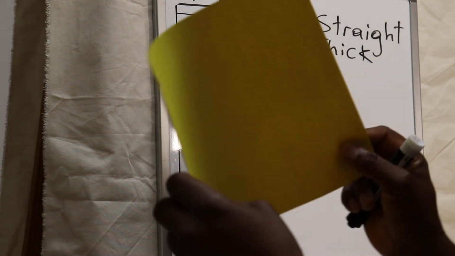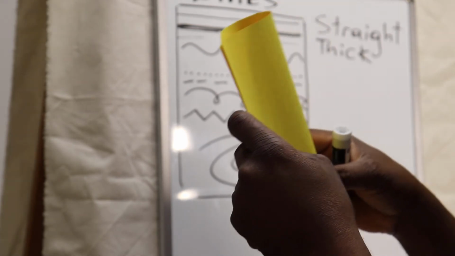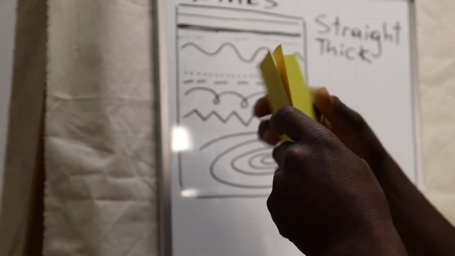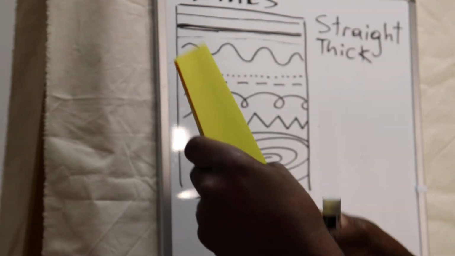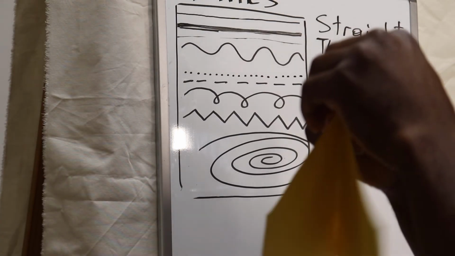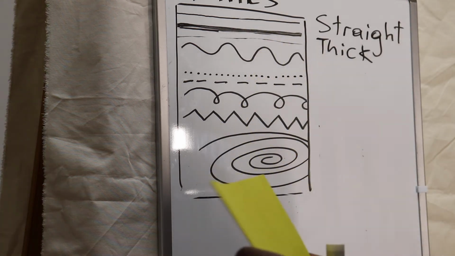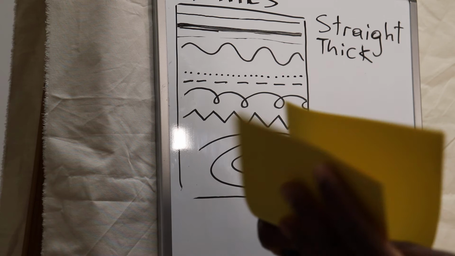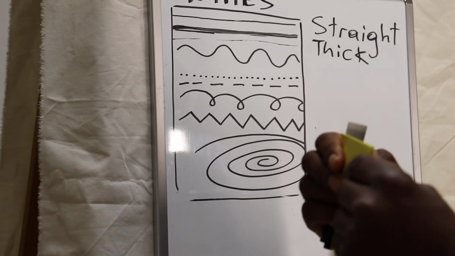So usually I tell my kiddos to simply just fold their paper into 2 equal halves. It's very simple. Here we go. And we're going to fold it again into 2 again.